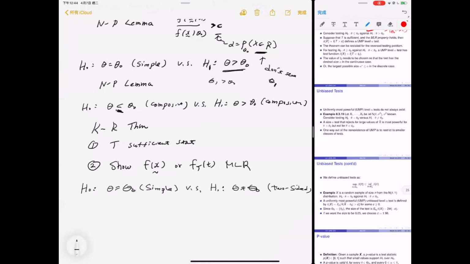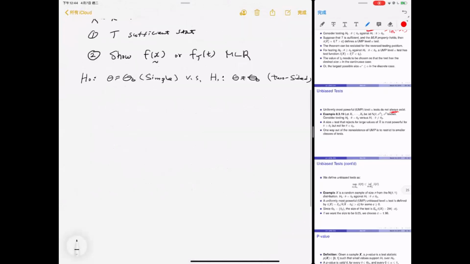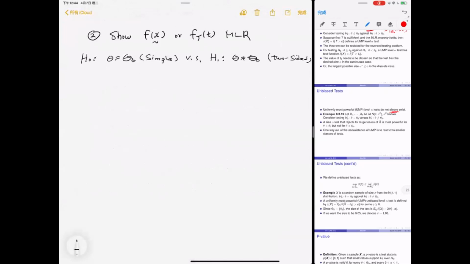In this case, the UMP test does not always exist. This example is a typical example I talk about every year, where you won't have your UMP test.